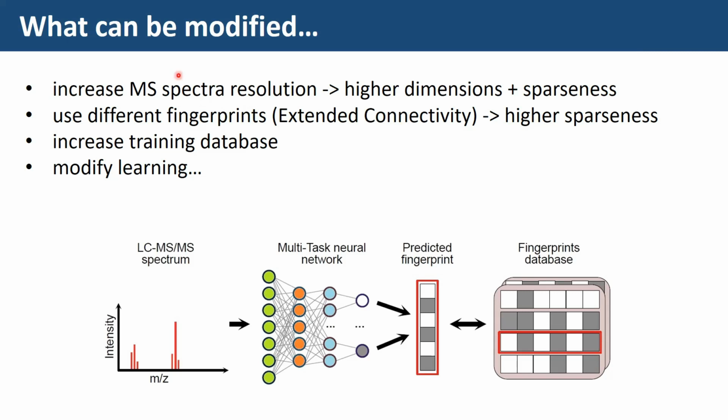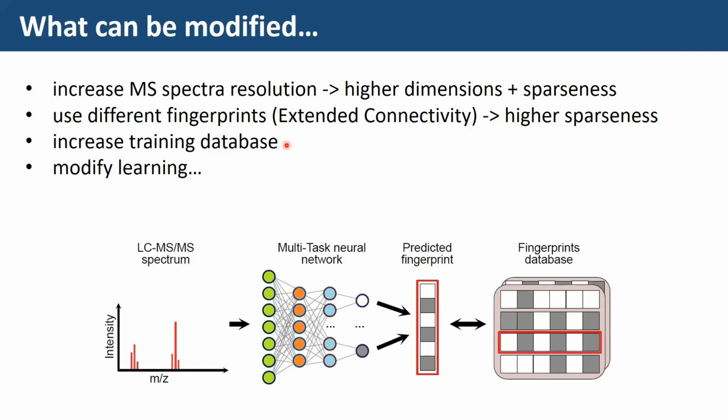Or you could increase the mass spectral resolution. We stopped at the first decimal point. Maybe that could help, but again you will get higher dimensions and a more sparse data set.